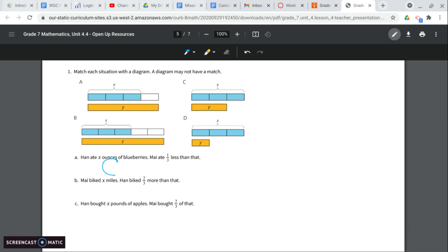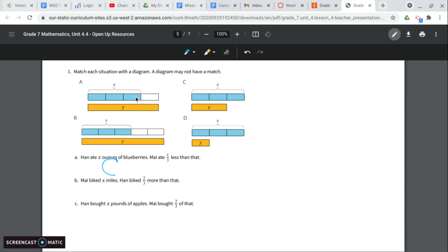So for B, Mai biked X miles, Han biked 2/3 more than that. So here, our second one, our y, is going to be bigger than our x. So we're going to look at the A and B. So here we've got 3. This looks like we're splitting it into fourths.